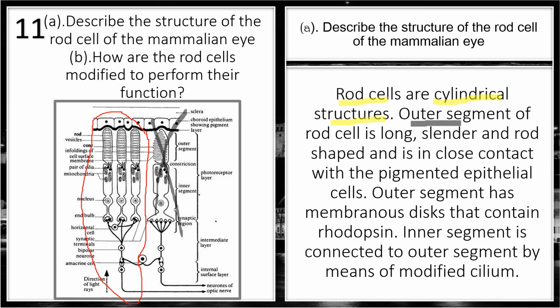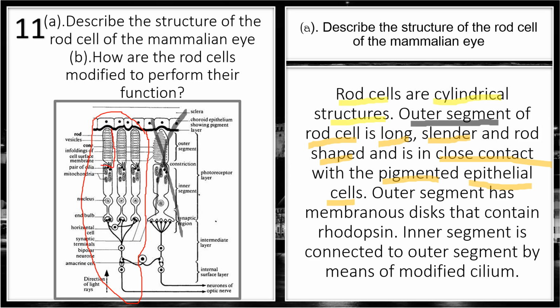The outer segment of the rod cell is long, slender, and rod-shaped, and is in contact with the pigmented epithelial cells. So the outer segment is this part that we are seeing here, from here to here.